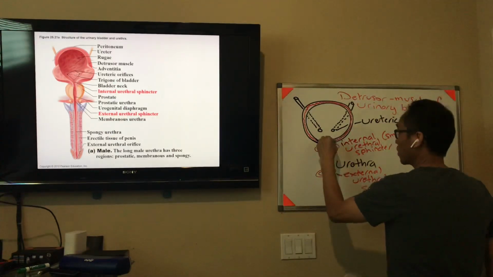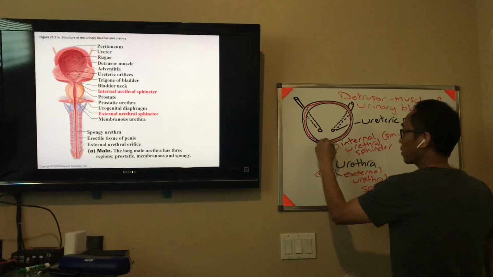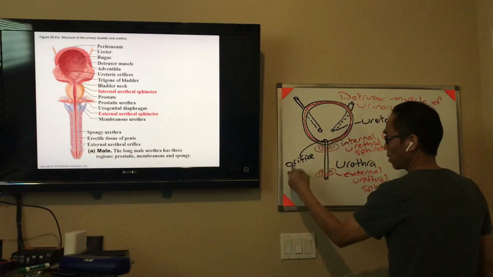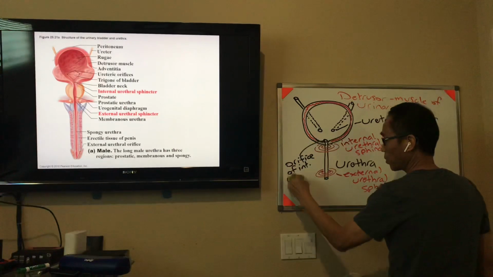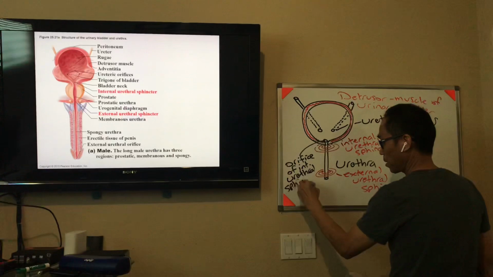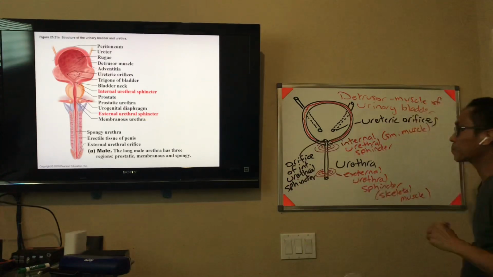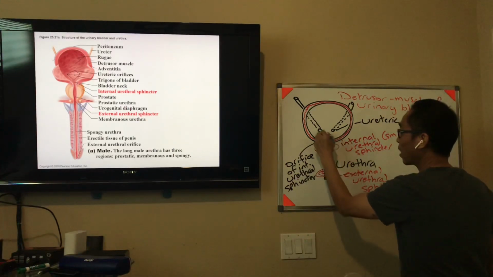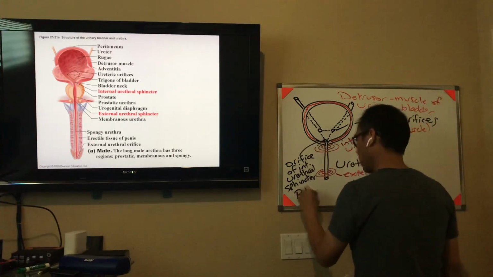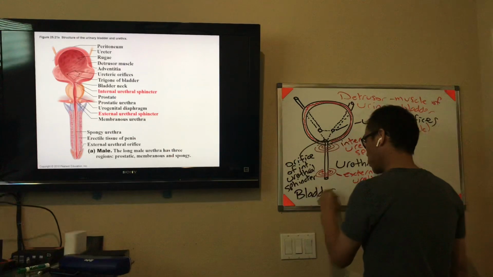So I'll make a little circle there. Orifice means opening of the internal urethral sphincter. And connect the dots. And you got bladder trigone. Triangle.